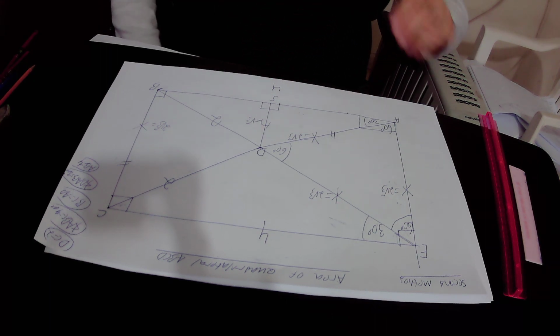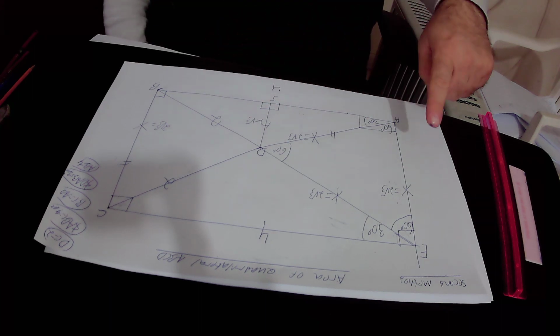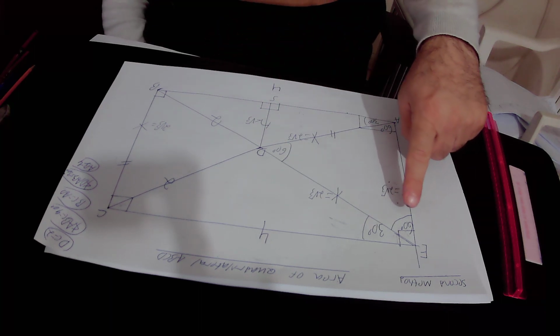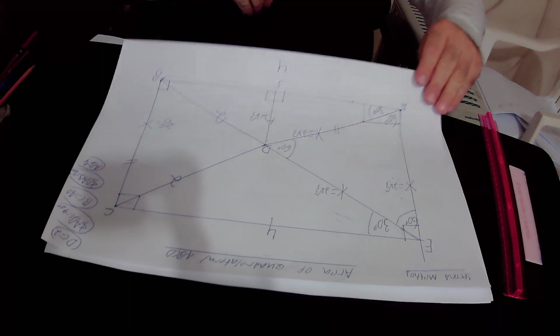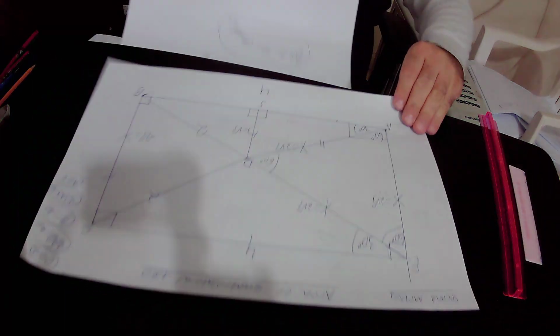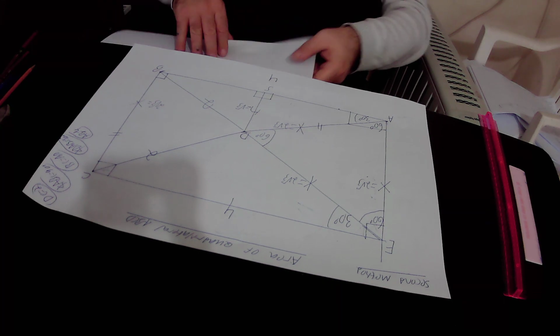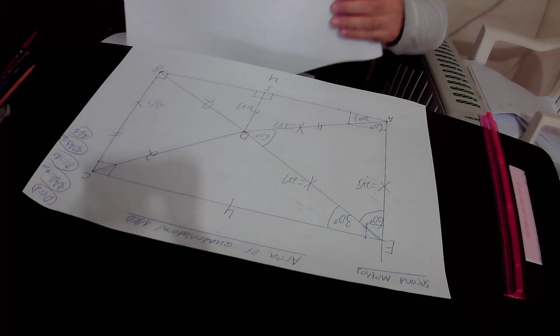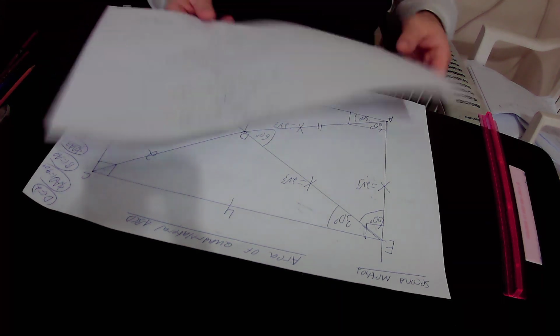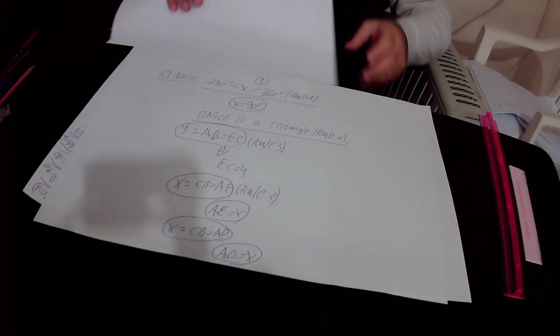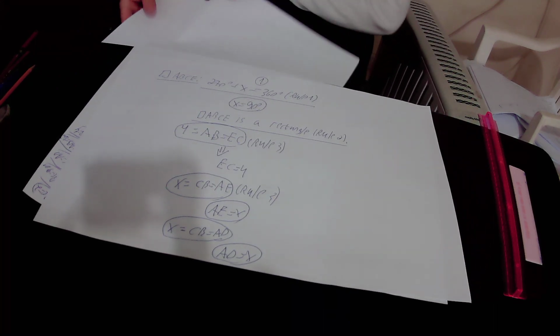In quadrilateral ABCE we have 3 right angles, 1, 2, 3, and we define this angle as angle x, and we have the rule that states that the sum of the angles in any quadrilateral is equal to 360 degrees.